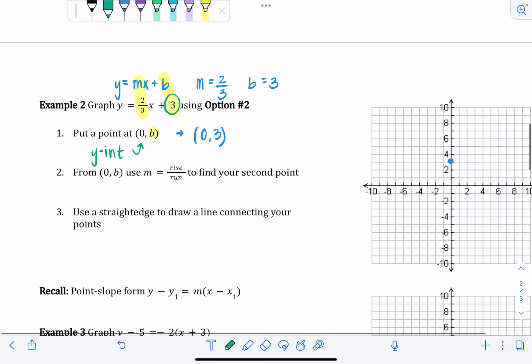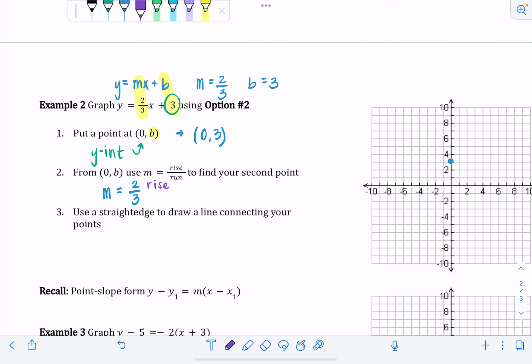And then step 2 says from 0, b, use m equals rise over run to find your second point. So our slope was 2/3. So we think of slope as rise over run. Since they're both positive, we'll go up and to the right.